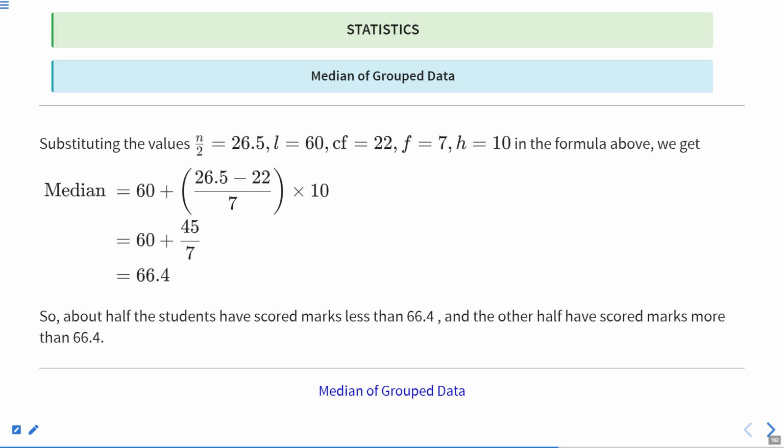In the formula, we get median equal to 60 plus (26.5 minus 22) divided by 7, into 10, which is equal to 60 plus 45 by 7, that is equal to 66.4. So about half the students have scored marks less than 66.4 and the other half have scored marks more than 66.4.